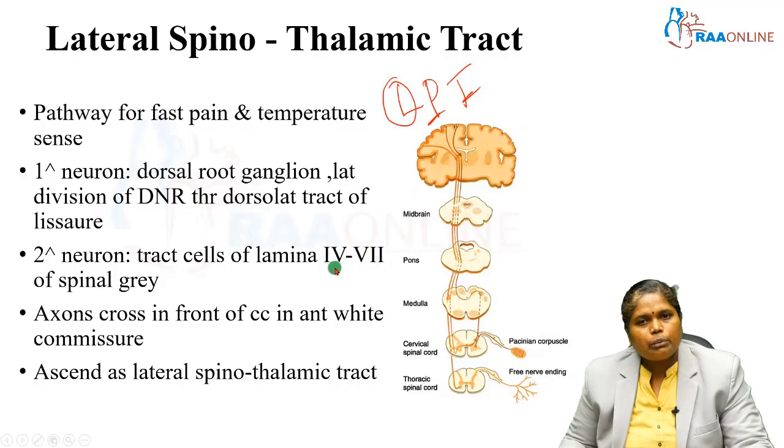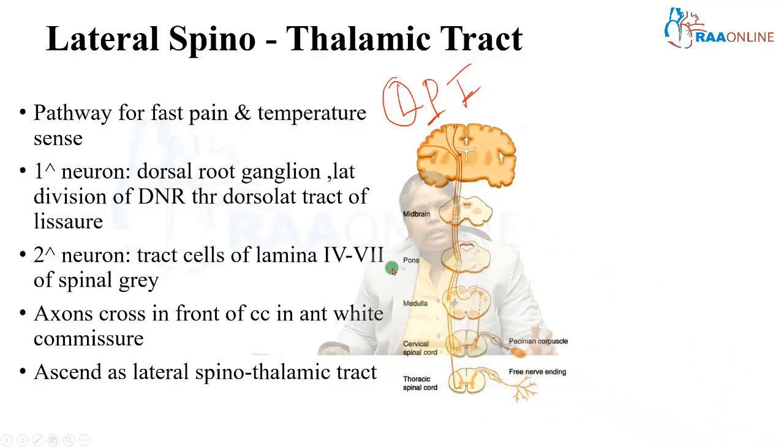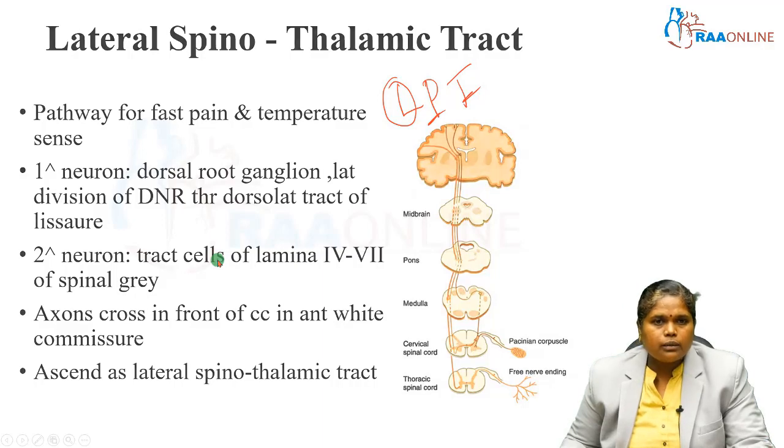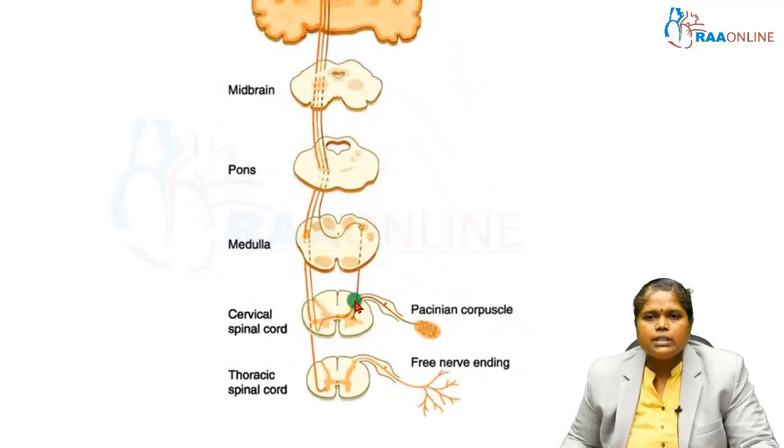In lamina 4 to 7, as you already know, there are the tract cells, or neurons. They are named tract cells because they give rise to the tract. So these neurons act as the second order neuron. This is the dorsal horn, and here will be lamina 4 to 7.